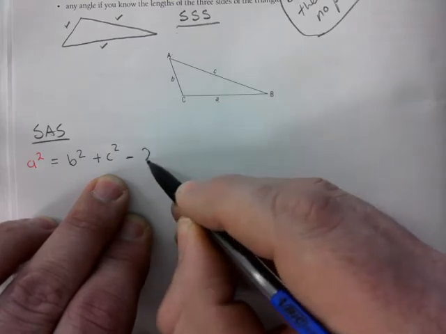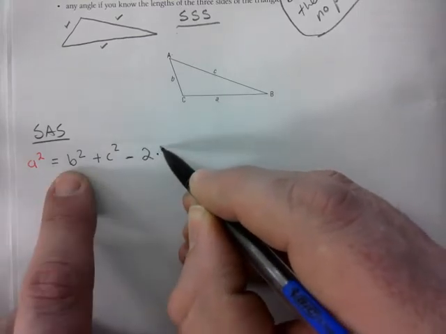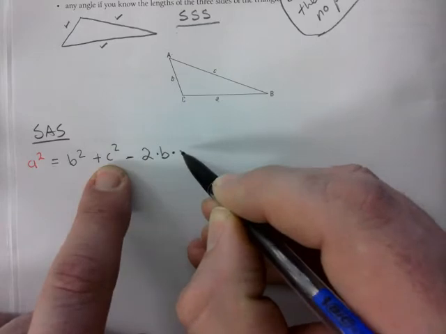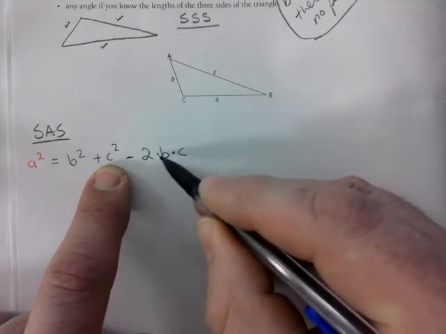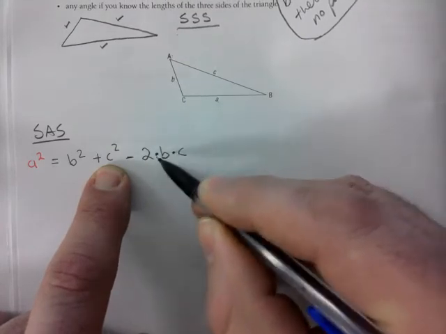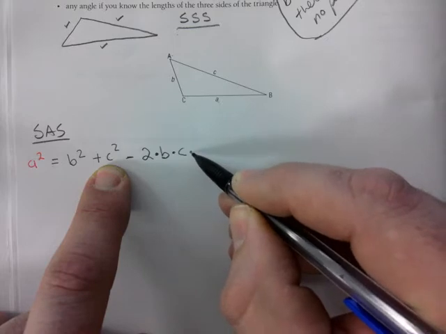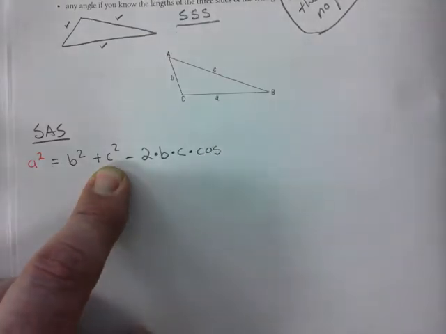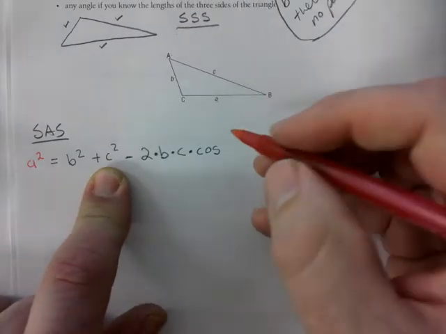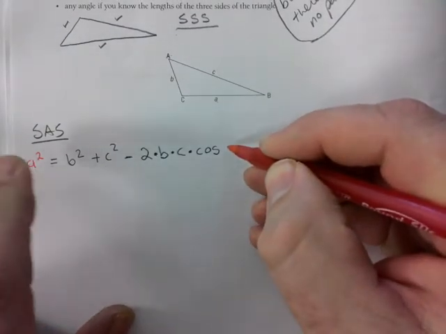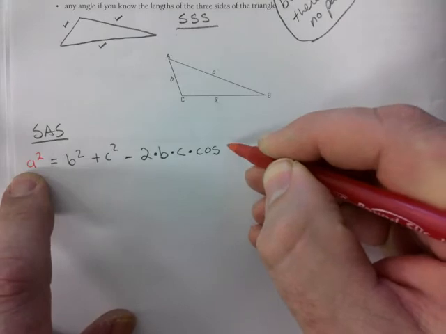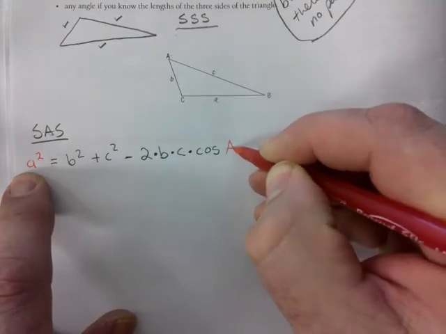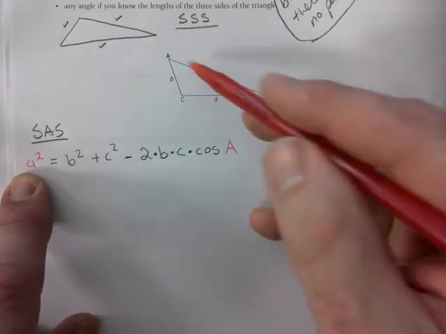Minus 2 times B times C. The dots in math are multiplication. I like to just use dots. Times cosine of, I'm using red pen again, the angle that's across the side you're trying to find. So capital A in this case.